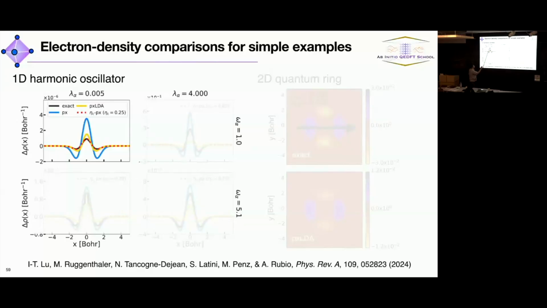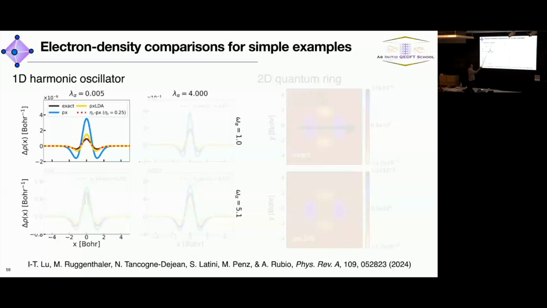In order to reduce that, we have to consider the correlation effects. Anyway, the details you can look into the paper, and we can also use a PSLDA local density approximation, shown in the orange curve. This is in the weak coupling region and the low frequency region.